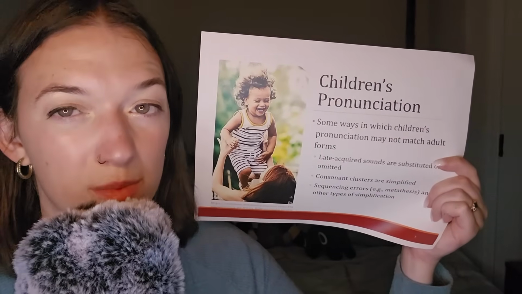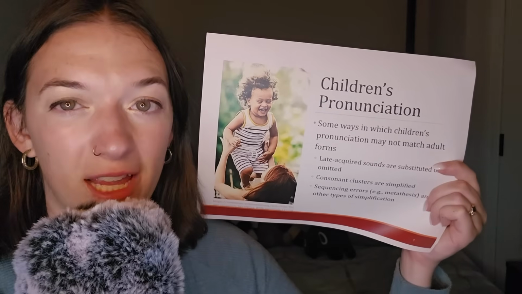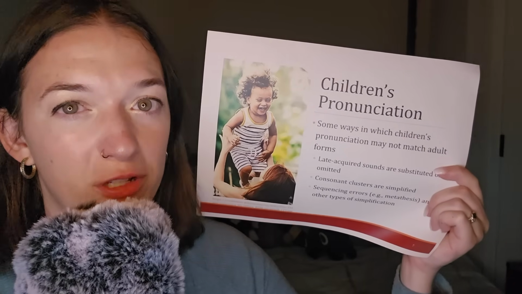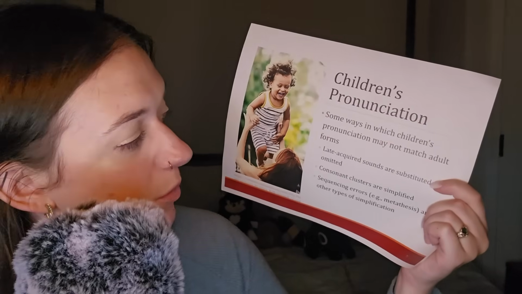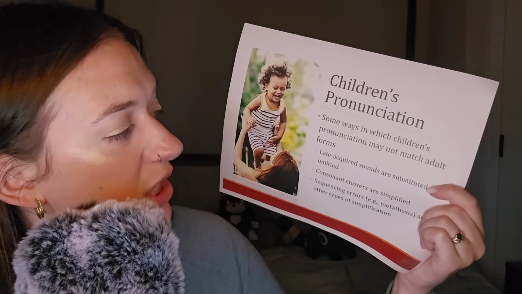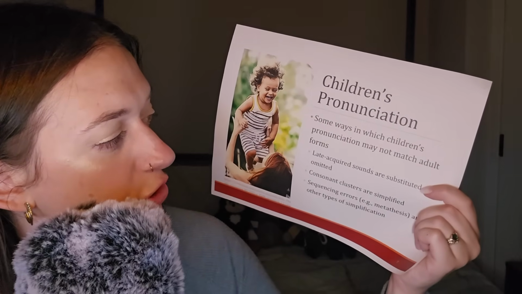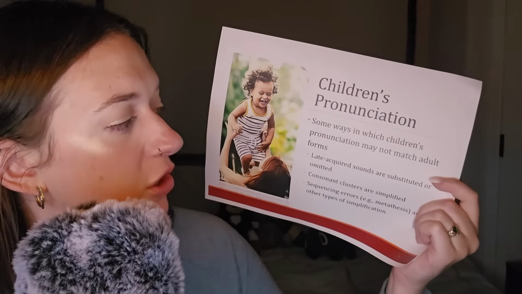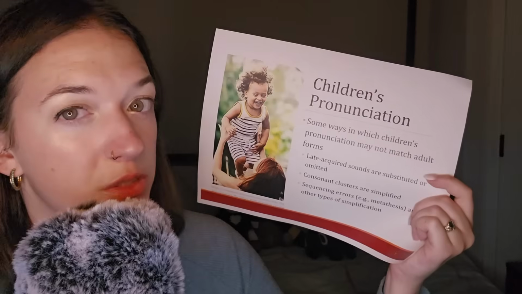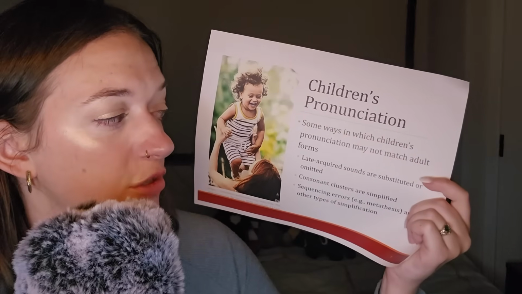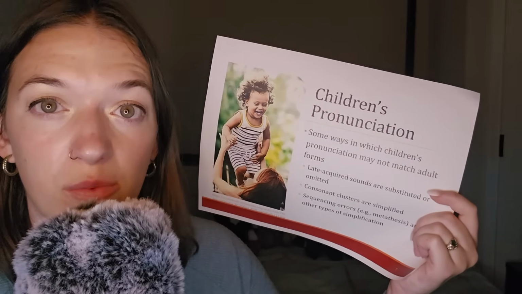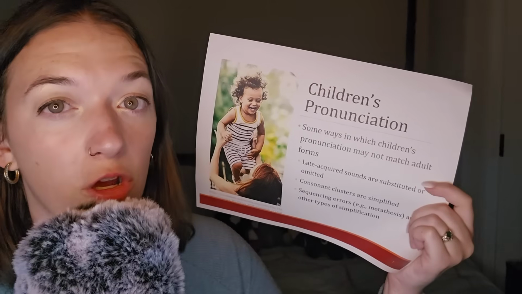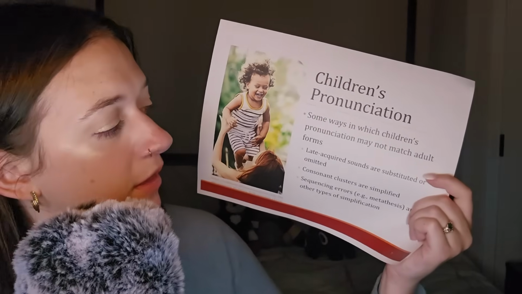So, as you probably know, childlike pronunciation is different from adult-like pronunciation. There are some ways in which children's pronunciation may not match adult forms. So late acquired sounds, which we'll talk about, are substituted with different sounds or omitted altogether.